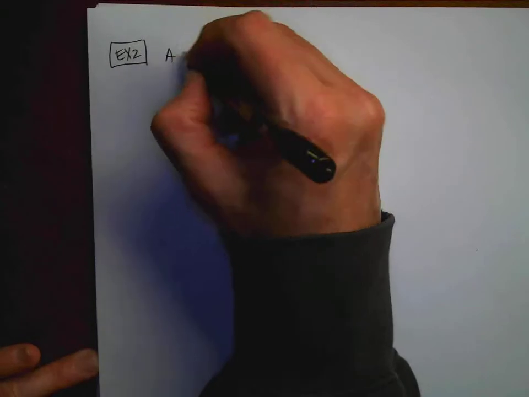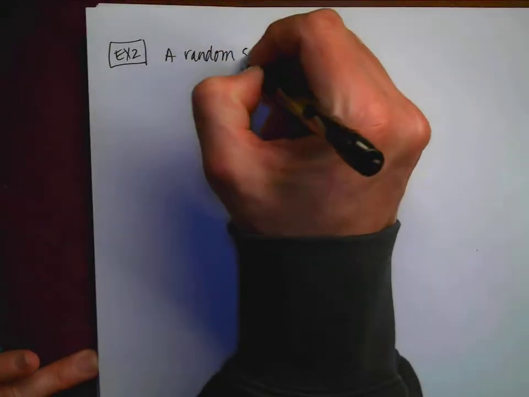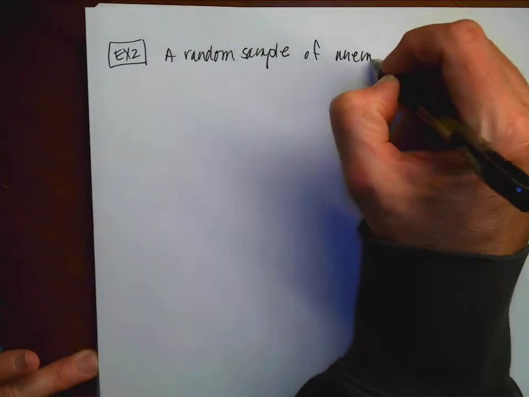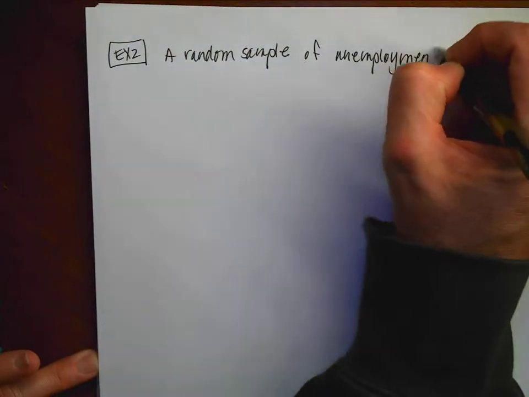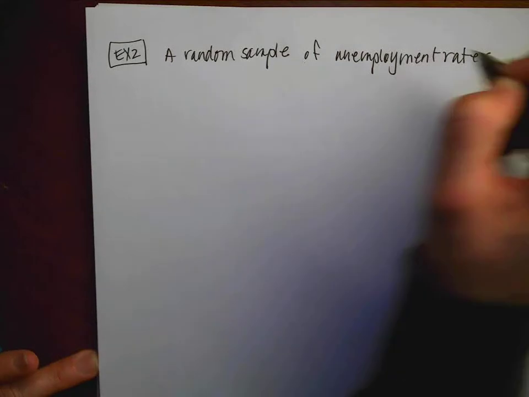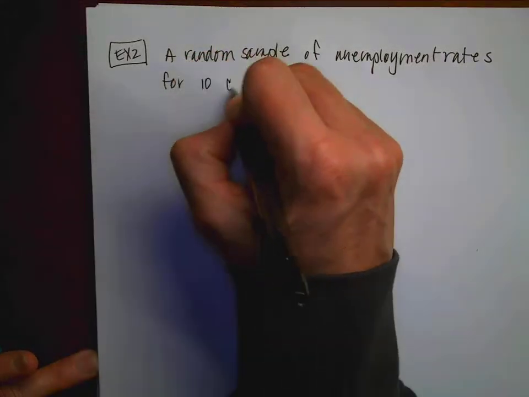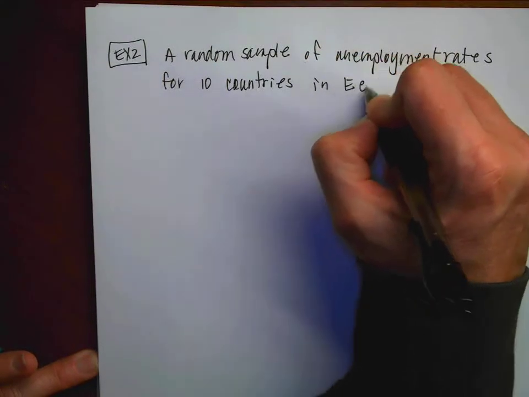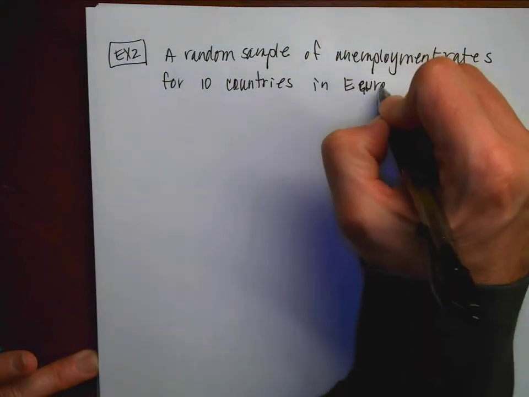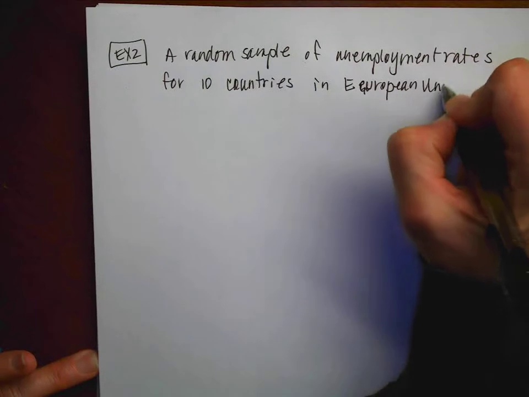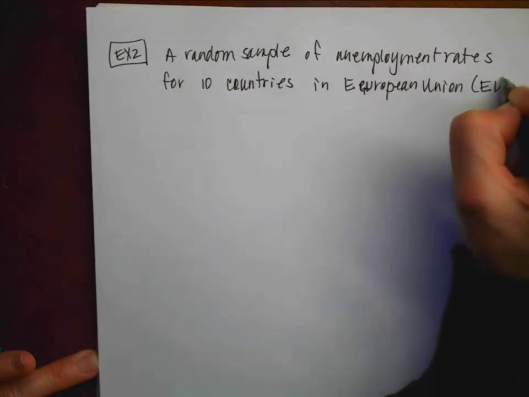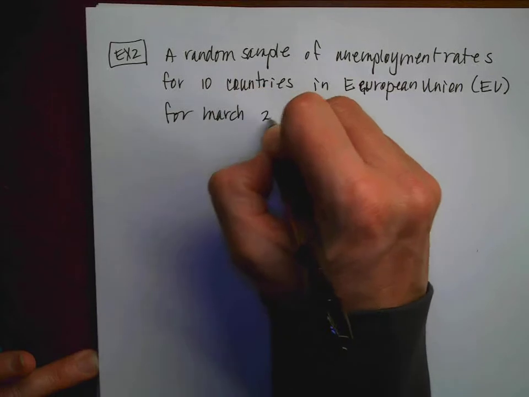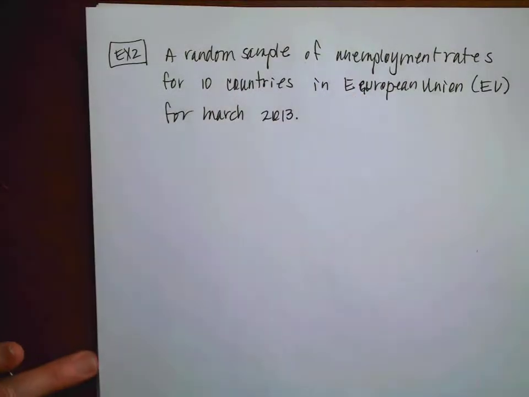So for example number 2, these are a random sample of unemployment rates, which always makes us sad, unemployment rates for 10 countries in the European Union, we call that the EU, for March of 2013.